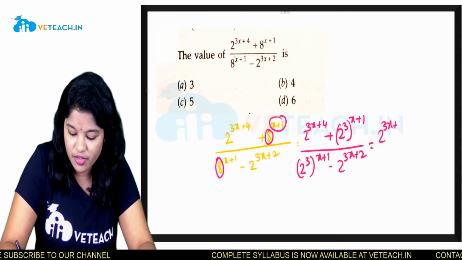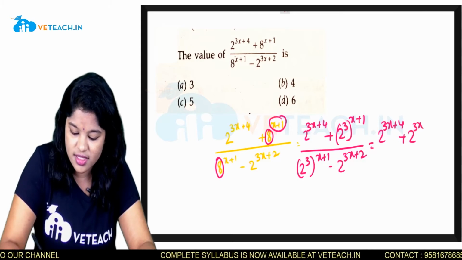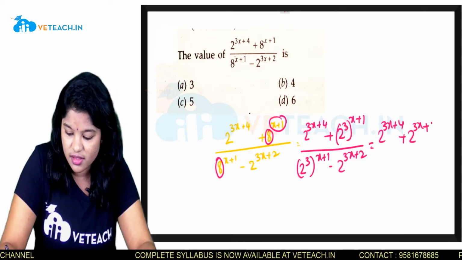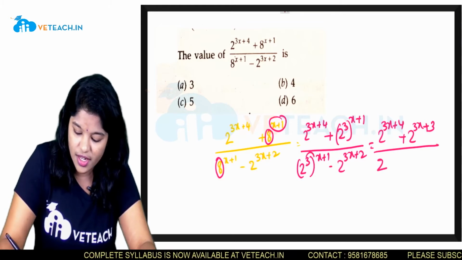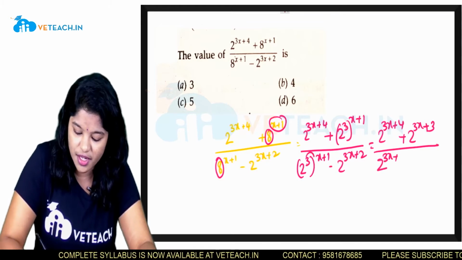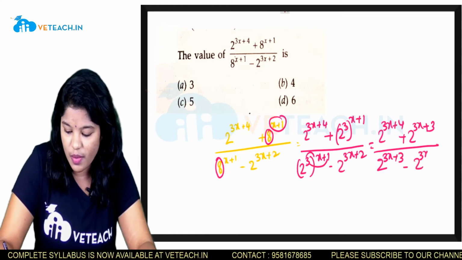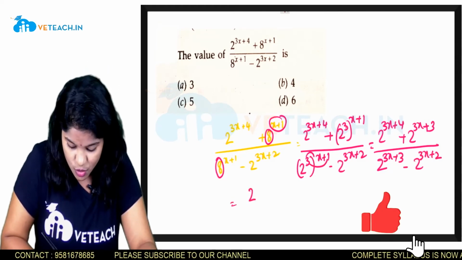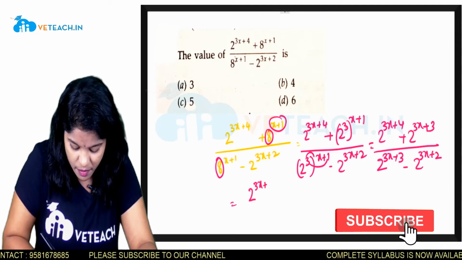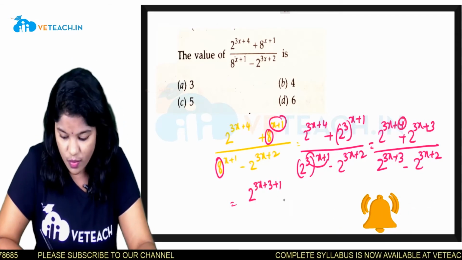So 2^(3x+4) plus 2^(3(x+1)), that is 3x plus 3, divided by 2^(3(x+1)), 3x plus 3, minus 2^(3x+2). Now I am rewriting it as 2^(3x+3+1), so I am writing this 4 as 3 plus 1.